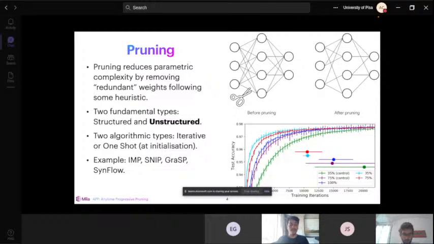For this paper also, we are much more focused on one shot at initialization pruning as compared to iterative pruning. We do have results for iterative pruning, but it's not the most important focus, so to speak.